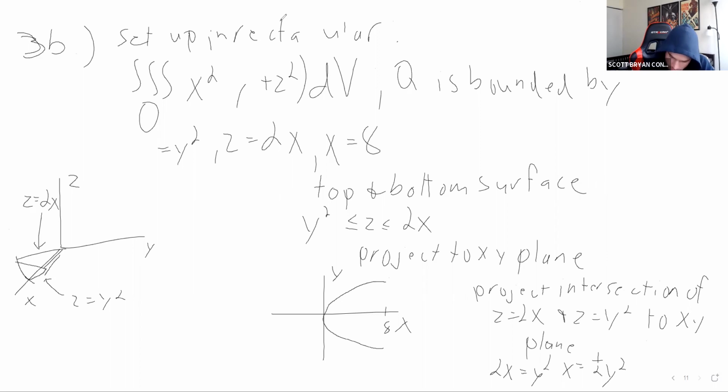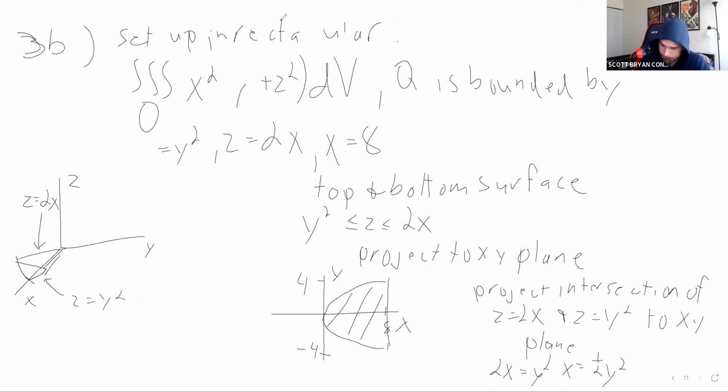So that's going to be this curve. Let's see what happens with y there. y is going to be going from +4 to -4. When x is equal to 8, 8 is equal to 1/2 y squared, so y is ±4.